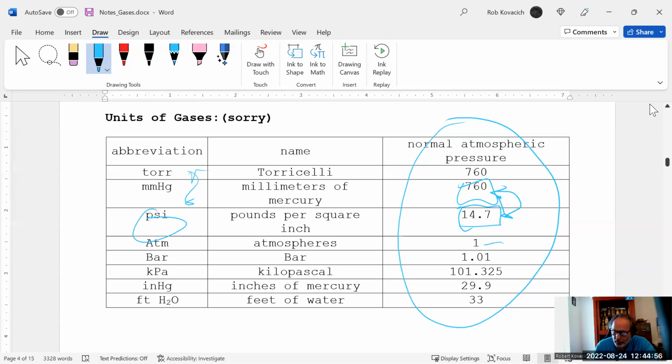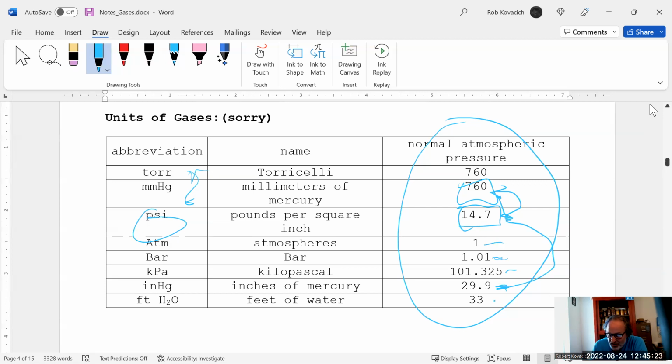That's equal to all of those. I have no explanation for bars being 1.01, just what it is instead of it being 1. Kilopascals is actually the official unit for the metric system. It's not used as much as some of these other ones, but it is still used. And then inches of mercury, regular atmospheric pressure is 29.9. So 29.9 would be equal to 14.7 psi.